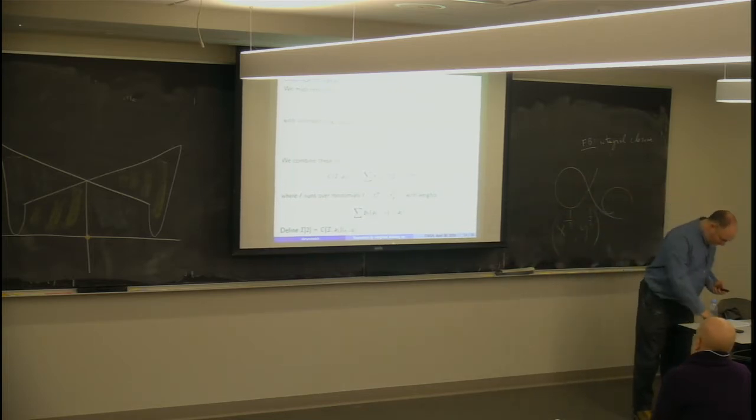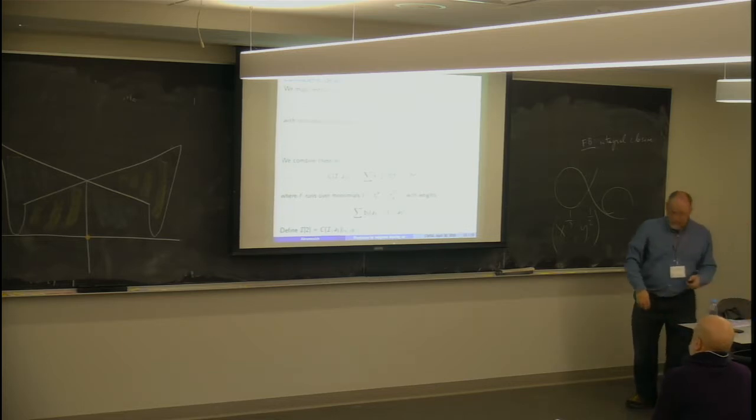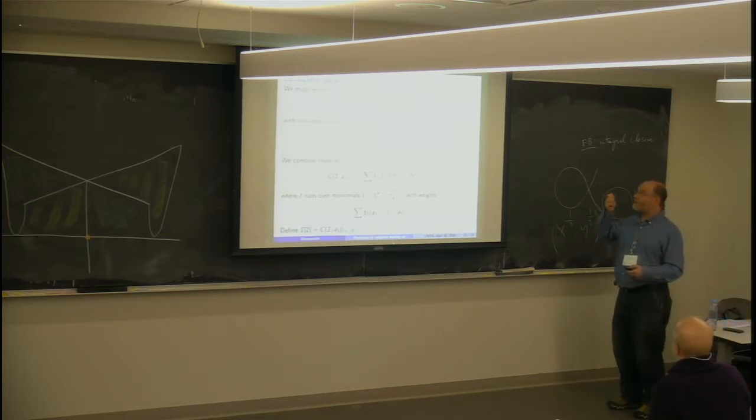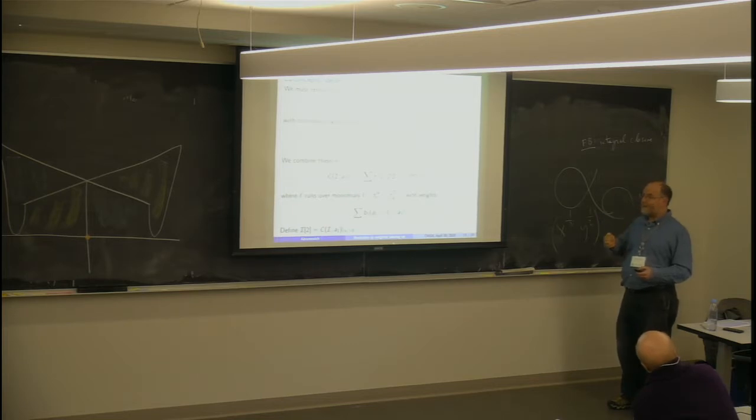There's a choice here, and the wonderful thing is that this is independent of choices. So now I can tell you how the center and the invariant are together defined for a given ideal.